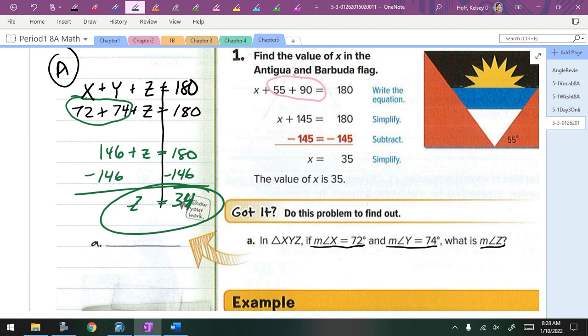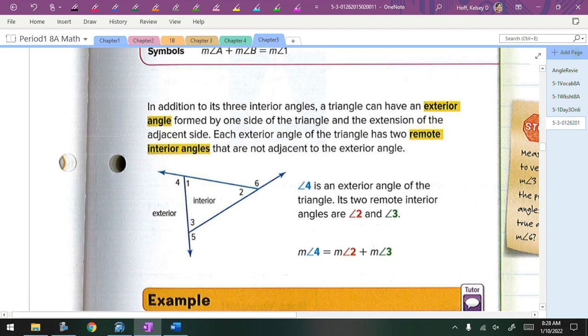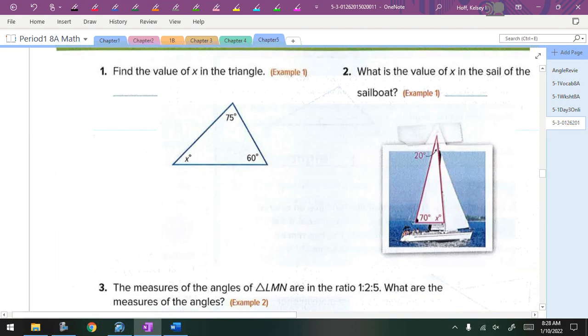Okay, let's do something crazy here. Let's jump to page 392 to that guided practice. I want you to do number 1 all on your own right now. It's exactly what we just did. Set up that equation just like we did. Do you need me to flip backwards so you can see it again?